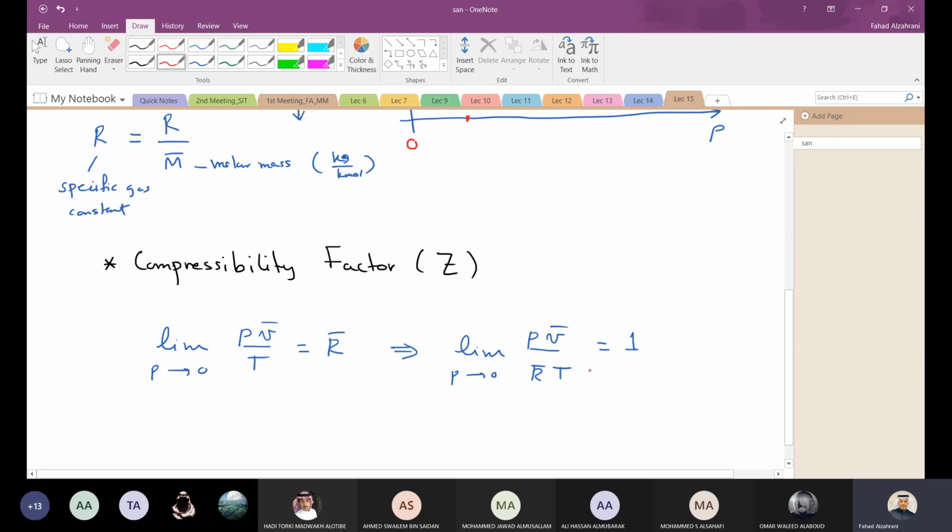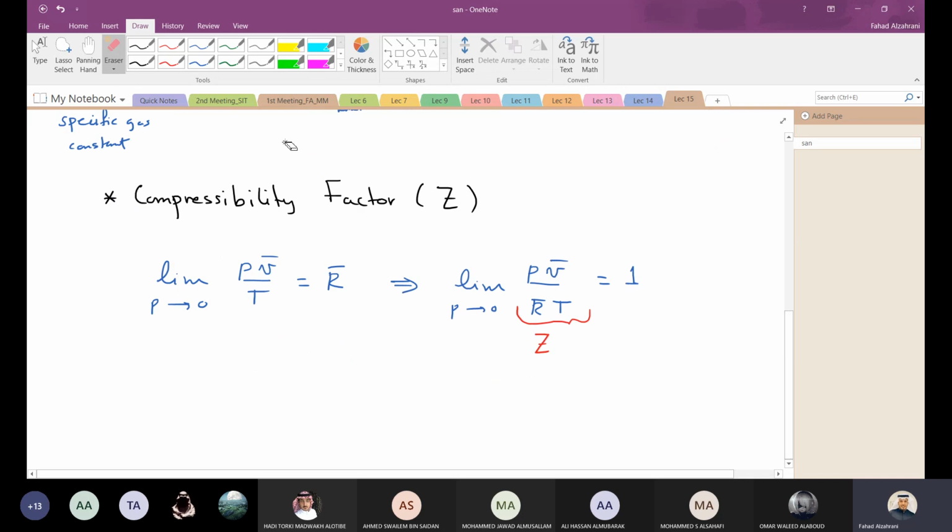So this combination of terms, let's call it Z, which is the compressibility factor. That's why Z is equal to PV over RT.